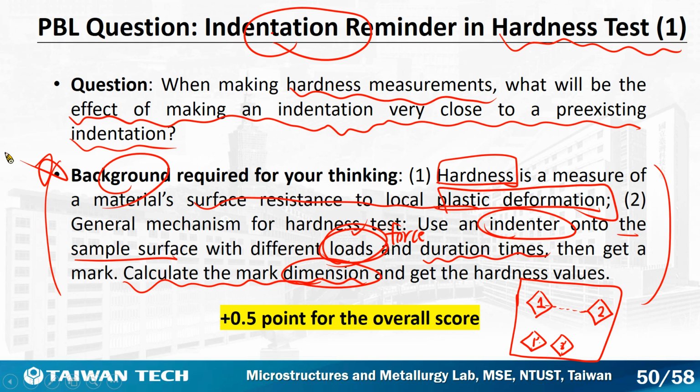Okay, I think it's about time. So for the indentations, you must first know that hardness is a measure of the local plastic deformation. In other words, when you put an indenter onto the sample surface and you use the load, it means that you applied load to the surface to produce plastic deformation.